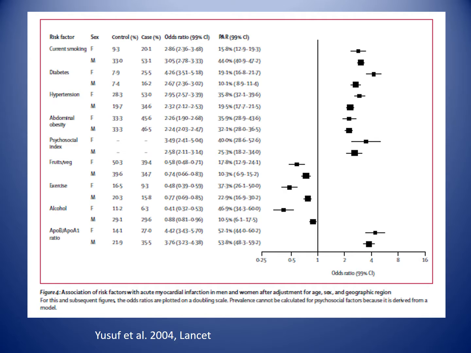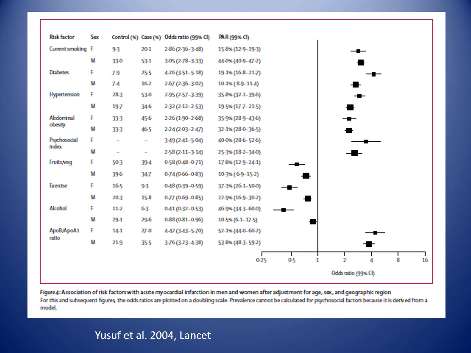On the right hand side of the screen, you're looking at odds ratios. An odds ratio of 1 means there's no additional or less risk, but an odds ratio of 2 means you're twice as likely to have some outcome. An odds ratio of 0.5 means you're half as likely.